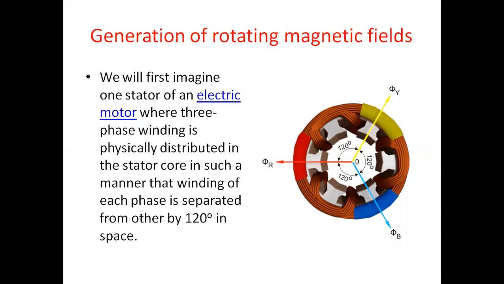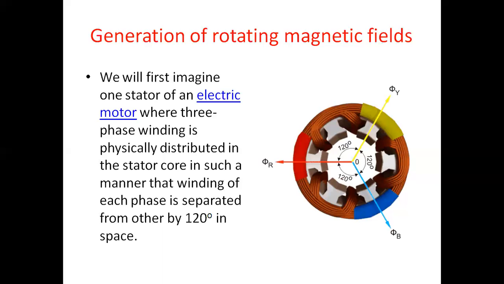In the stator of an electric motor, the three-phase winding is physically distributed in the stator core in such a manner that the windings of each phase are separated from each other by 120 degrees in space. First of all, we will discuss what is phase.